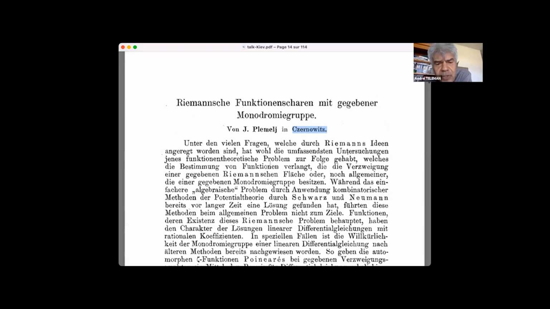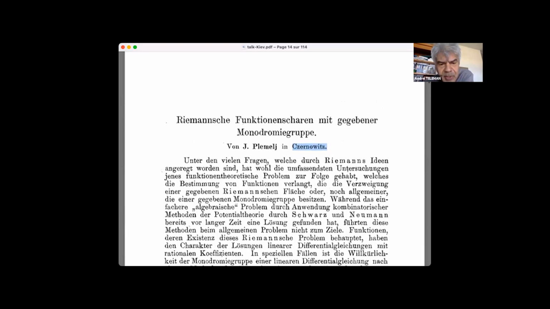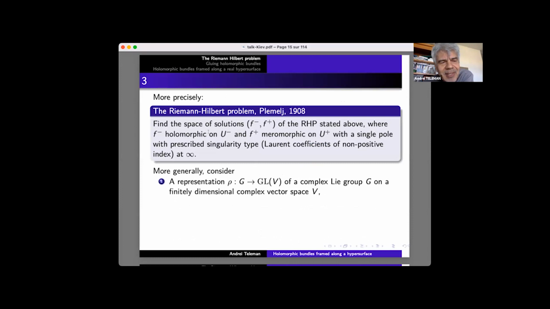At that time, Czernowitz was part of the Austrian Empire, but his spirit is still there, I believe, where he was a professor. So yes, this is the refinement of the Riemann Hilbert problem as stated and solved by Plemelj in Czernowitz in 1908.